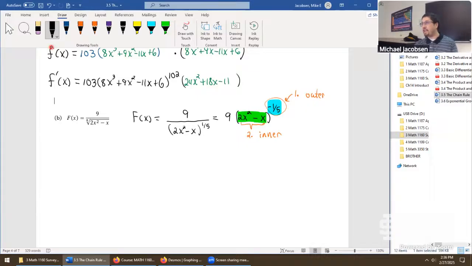At this stage, we're ready to crank out the derivative. Go f prime x equals, right over here, because 9 is multiplying, we just copy it in. There we go, that part's done. Next, the 1 and the 2 here is just trying to indicate what order do you differentiate. We have to differentiate this power function first, which means negative 1/5 drops down in this way. The new power on the group is going to be 1 less than negative 1/5.